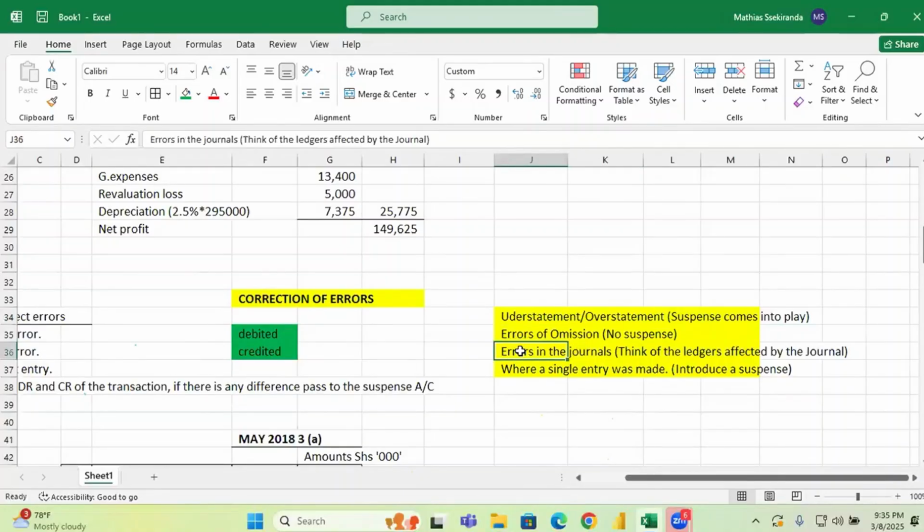Think of the two ledgers that are affected by that journal. Then treat them accordingly. If they were understated, increase them, because of these two ledgers, one is a debit, the other one is a credit. So increase both, and you will not have any suspense anywhere. If they were overstated, reduce both. Pass reverse entries in both ledgers, and you will not have any difference anywhere to introduce a suspense. Okay?